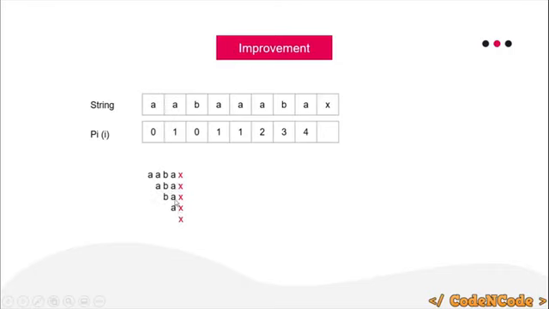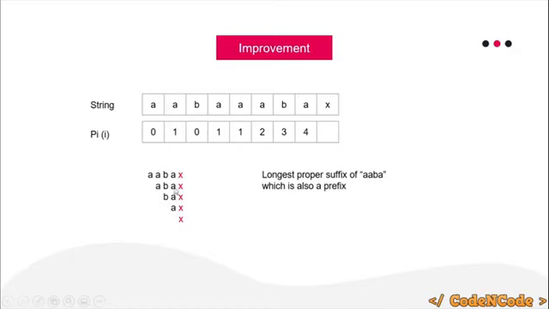If you try to find a relation, you would see that ABA, BA and A, all of these three substrings are actually suffixes of this AABA. And out of all of these, I want the maximum length suffix which actually matches the prefix. So basically what I want is the longest proper suffix of AABA, which is also a prefix.